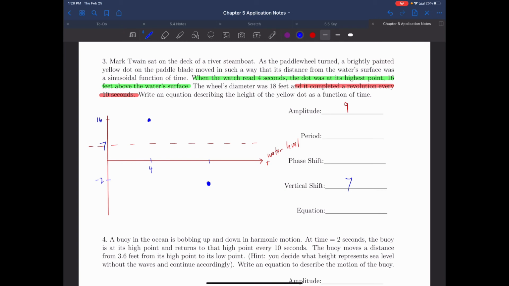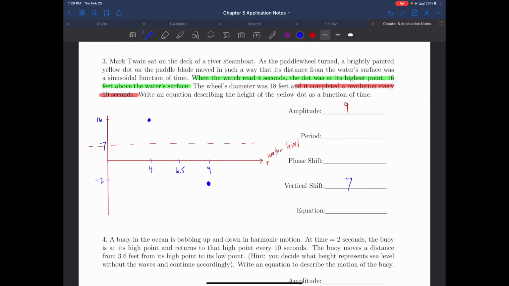So 5 seconds later, it's got to hit its low. So this would be at 9. This middle number is going to be a decimal because from 4 to 9, that's a distance of 5, and we have to divide it by 2. So this would be at 6.5 because we're going to add 2.5 to 4.